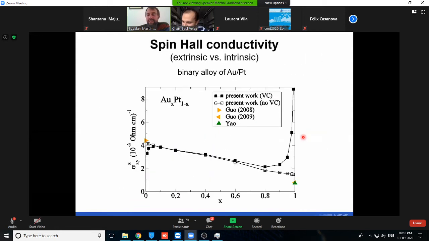I think the easiest is the picture. You can see the intrinsic number for platinum is this one, and the intrinsic number for gold is this one. In the large region in between, you basically connect with a linear line between the 2 points.